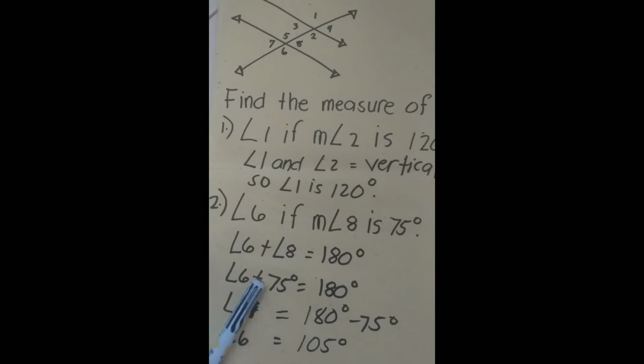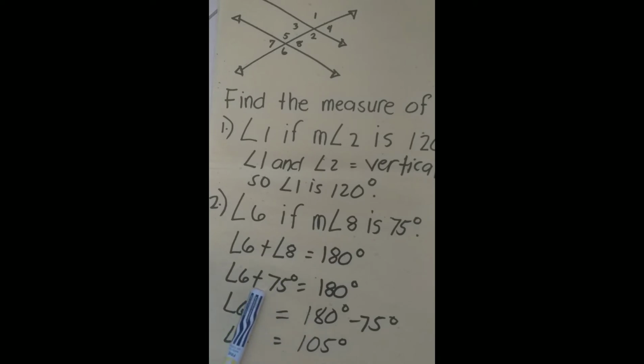So we are going to add angle 6 plus angle 8, and they are equal to 180 degrees. So angle 6 plus the measure of angle 8 in the given, which is 75 degrees, equals 180 degrees. So angle 6 equals 180, and we are going to transfer 75. If we are going to transfer numbers, we are going to use the unlike sign.